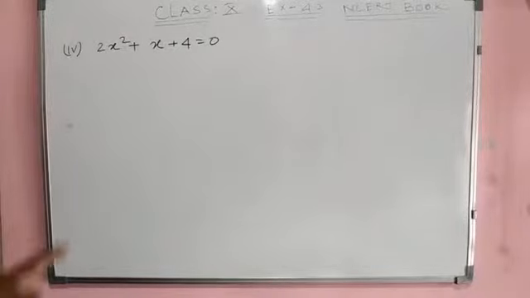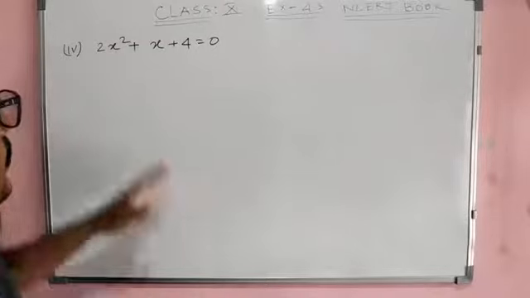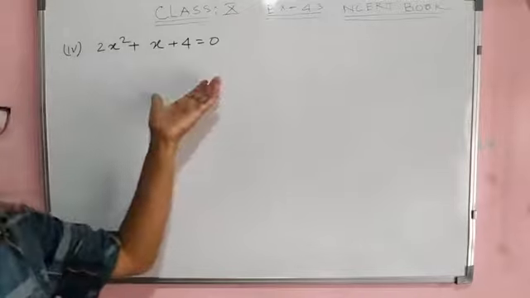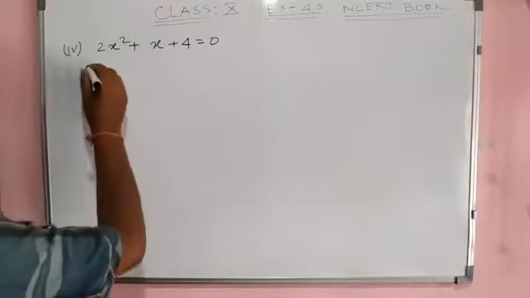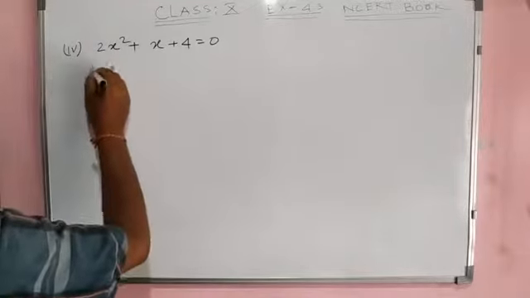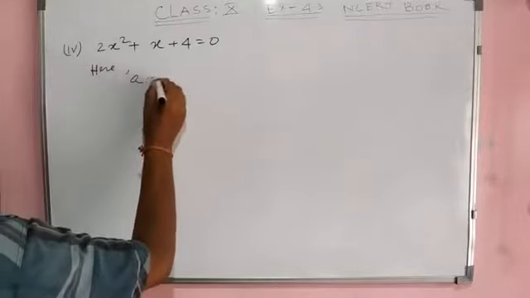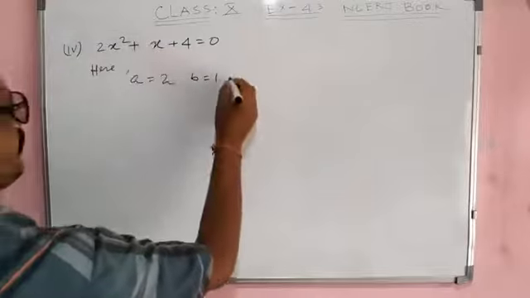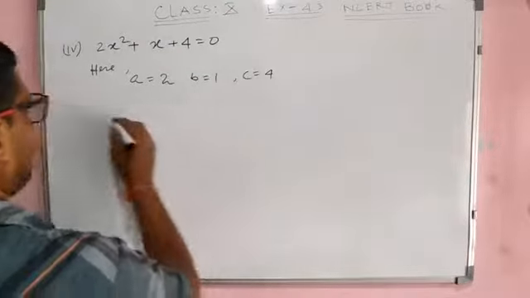Okay, now question number 4. Here you see the equation is 2x square plus x plus 4 equal to 0. The equation is already in standard form. So we get a equal to 2, b equal to 1, the coefficient of x is 1, and c equal to 4.